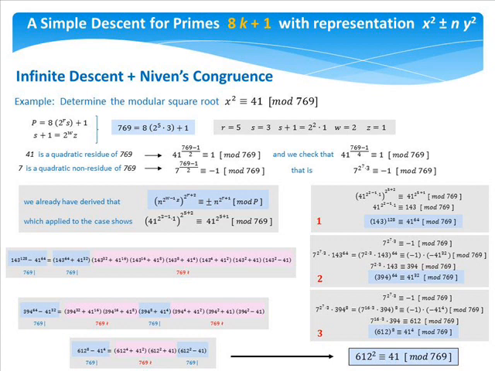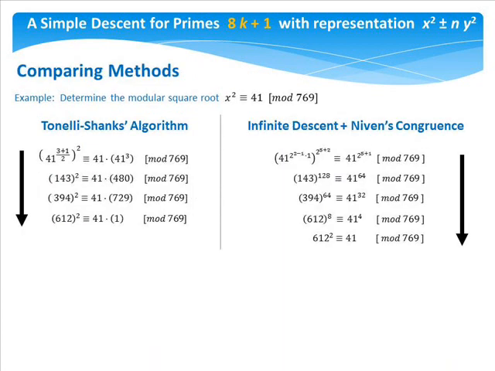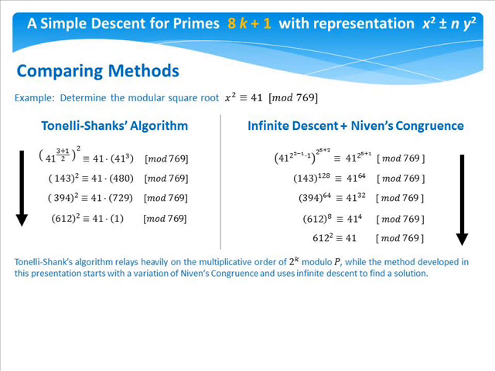Press pause if needed. In this next slide, you can see a summary of the steps involved in the Tonelli-Shanks algorithm and the infinite descent method. The Tonelli-Shanks algorithm relies heavily on the multiplicative order of 2^k modulo p, while the method developed in this presentation starts with a variation of Nevin's congruence and uses infinite descent to find the solution.